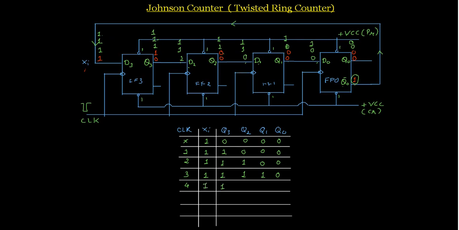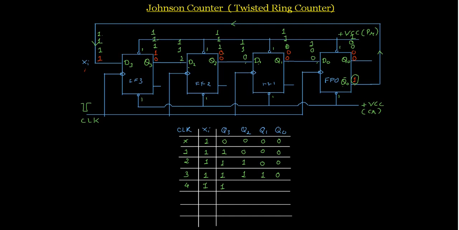Then the D2 input is high, so Q2 is also going to be 1, then the D1 input is high, so Q1 will also be 1, and the D0 input is 1, so this is also going to be 1.